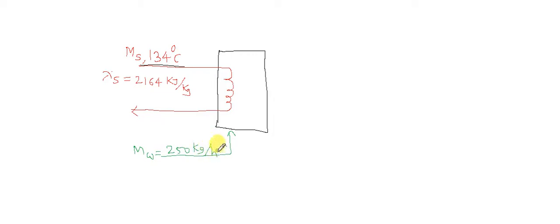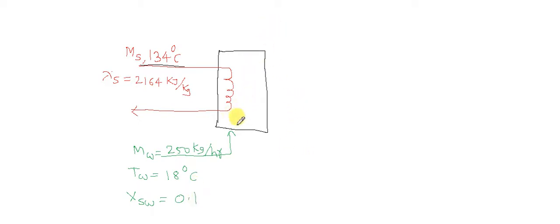The weak liquor temperature is 18 degrees Celsius, and the fraction of solute in weak liquor is 10%, so that value is 0.1. So this is given to you.